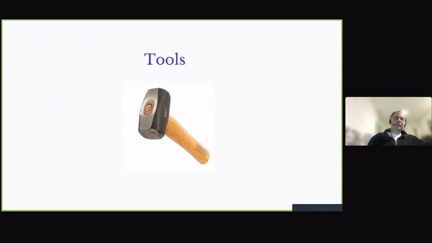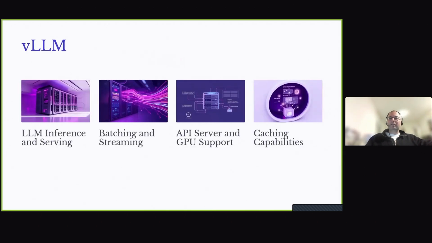So if we have the path here, we can start talking about some tools other than Spring AI. You have some pre-made libraries and products. So for example, vLLM, which is kind of a basic but very useful library to serve AI models. It has all these capabilities I've written here, and you can run it.